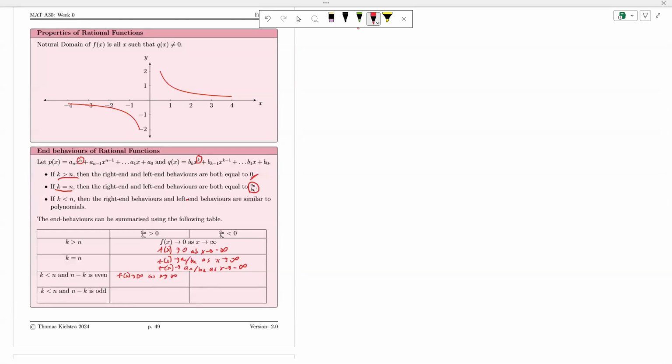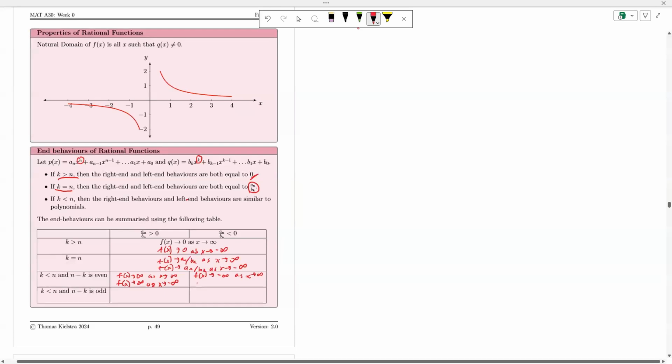And if n minus k is even, it has the same left end behavior, so f of x will also approach infinity as x approaches minus infinity. Whereas if an over bn is less than 0, then the right end behavior is that it approaches minus infinity as x approaches infinity. And the left end behavior will be the same because it's even, so f of x will approach minus infinity as x approaches minus infinity.